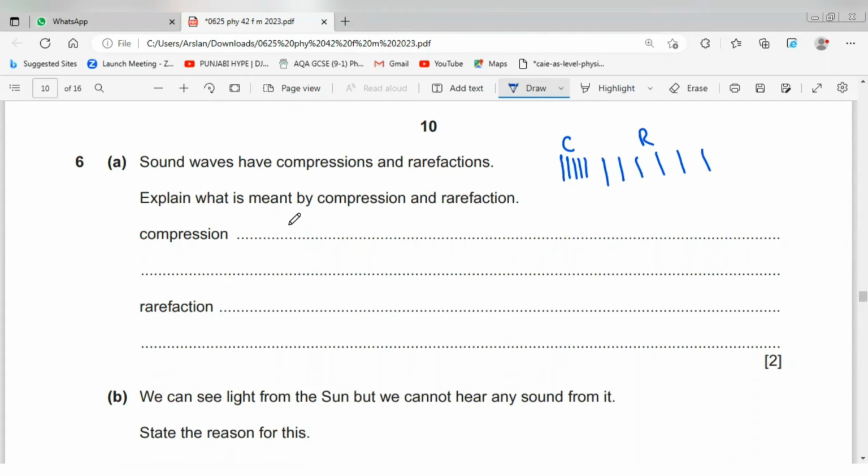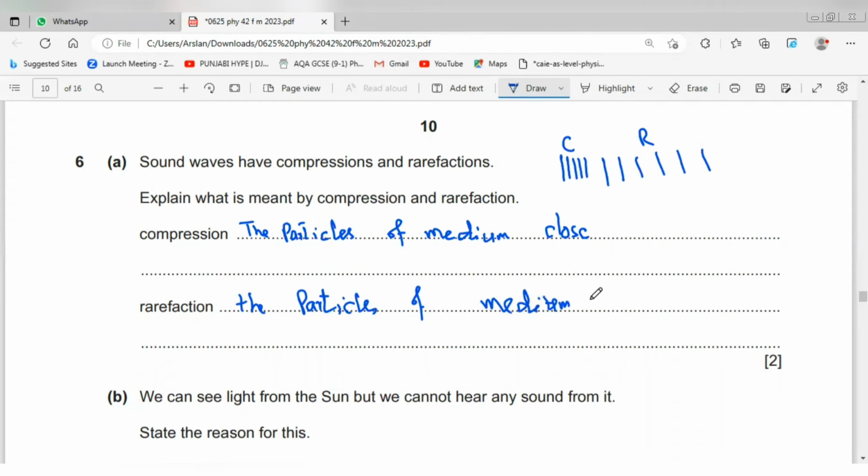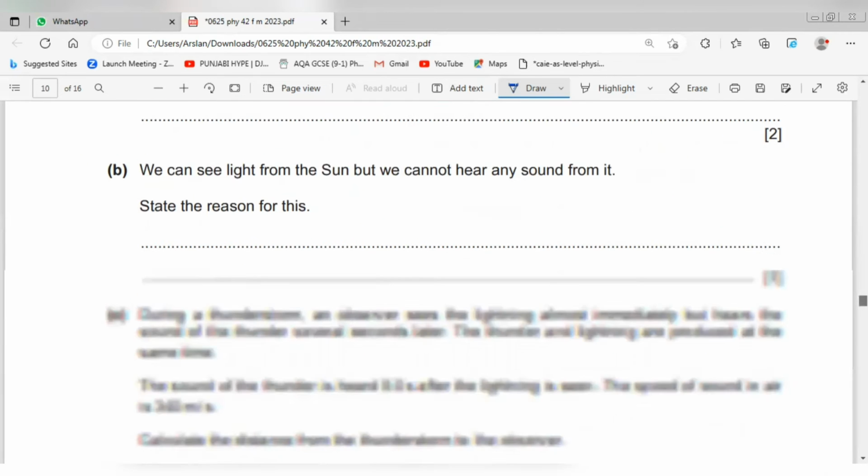So we can write: the particles of medium close, where the particles of medium are far apart. So you will get 2 marks.